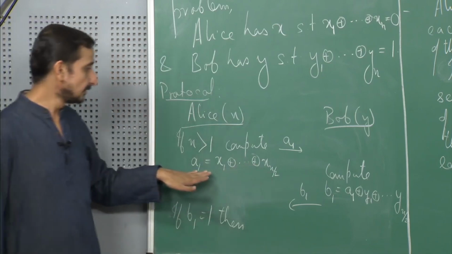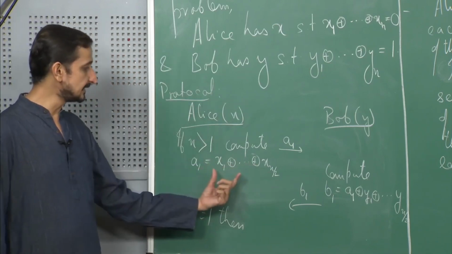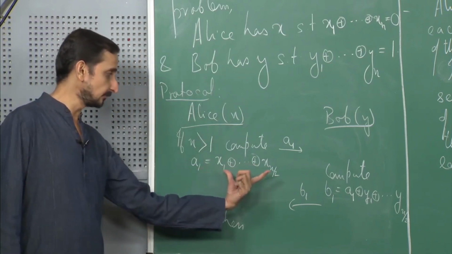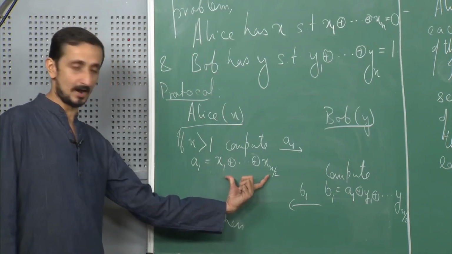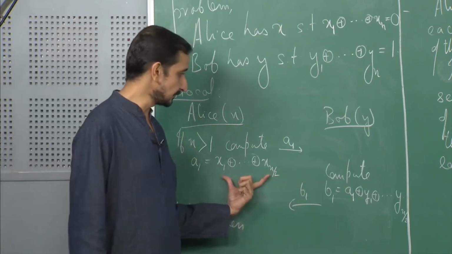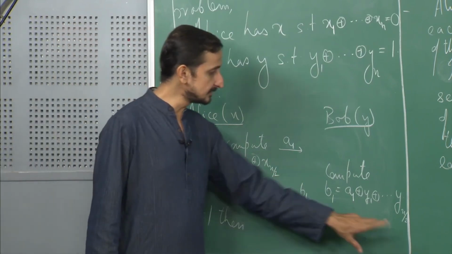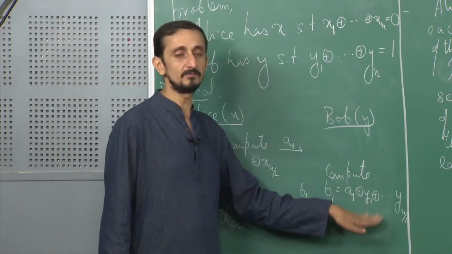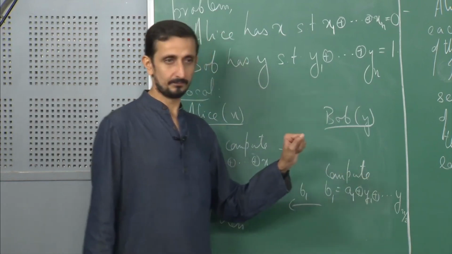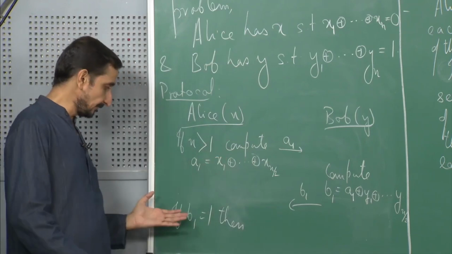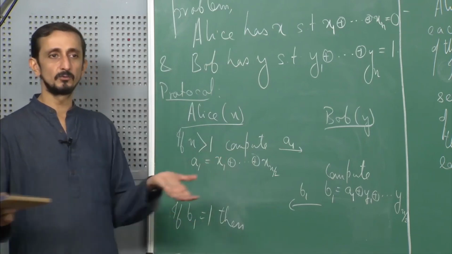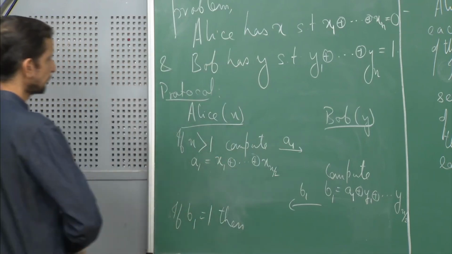If A1 is equal to 1, it means that the parity of the first half of X is 1, and then the parity of the first half of Bob's input must be 0, right? So therefore, if they recurse on the first half, then you have two inputs on which they differ.